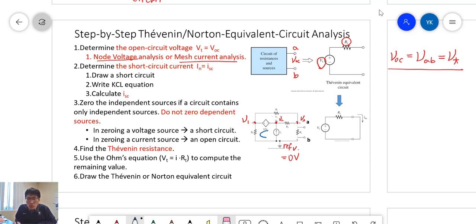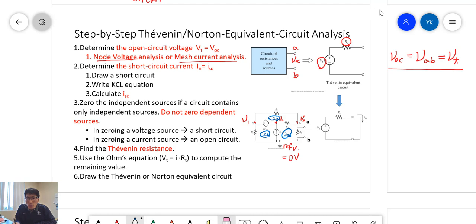Or you can use the mesh current method. Here is one loop, and the other loop we may draw on here, something like that. Based on the loops, mesh currents, current 1, current 2, and current 3, you can calculate the currents via KCL or KVL equations.